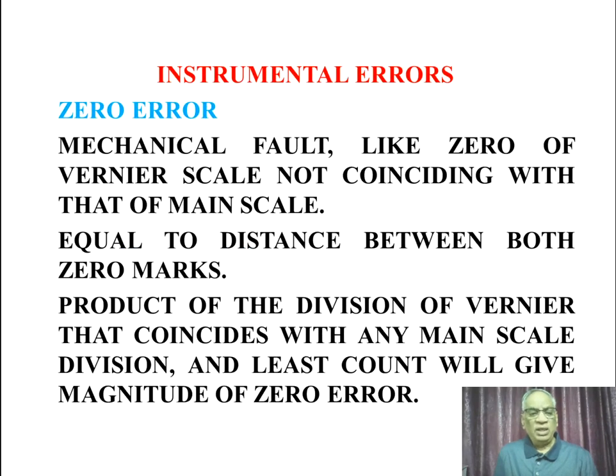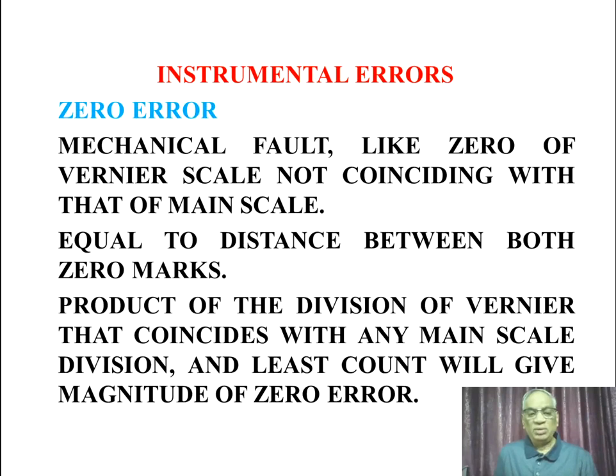Then some more instrumental errors are also there. They are mechanical faults like zero error. When you take a screw gauge or calipers, for example, our favorite measuring instruments, most of us know this. The mechanical fault most of the instruments we have faced in college have is that the zero of the main scale and the vernier or head scale do not coincide.